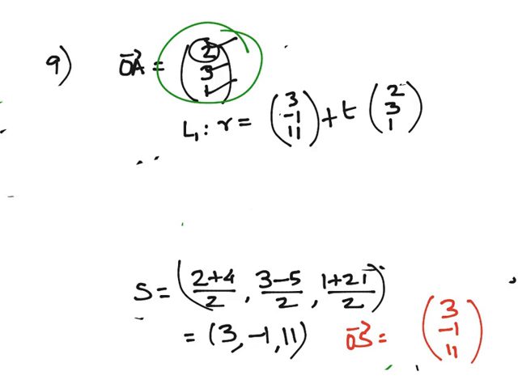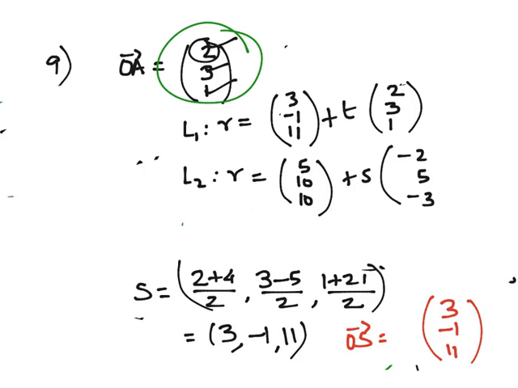Now there is another line L2, which is r equal to 5i plus 10j plus 10k, so I can write it as 5, 10 and 10, plus s into minus 2, 5 and minus 3.